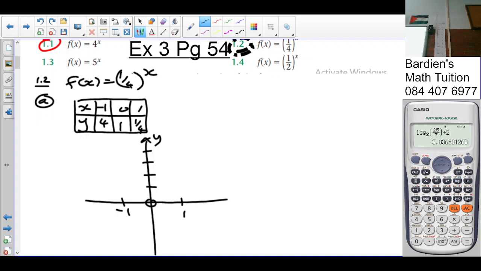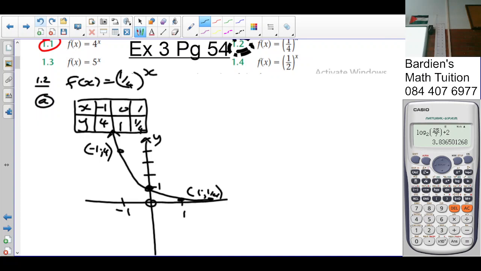So it's negative 1 and 4, zero and 1, and 1 and a quarter. So the graph is going to come through like that. It's going through this point of 1.